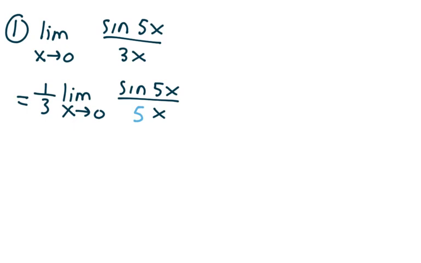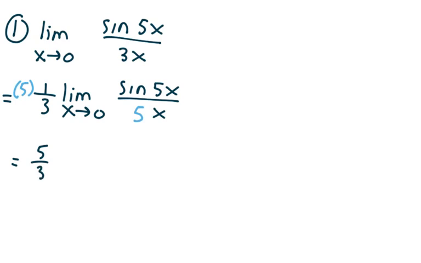But if I multiply the denominator by 5, I got to multiply the limit by 5 to counterbalance. Right? Because basically what I did was I multiplied by 1.